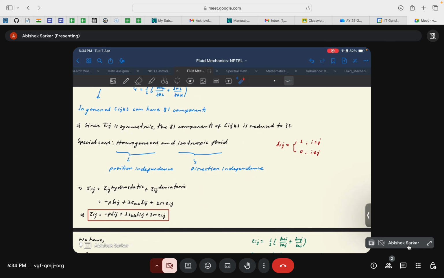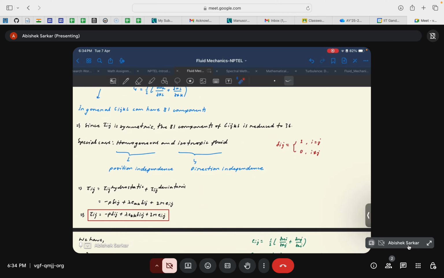But I will give you the idea, which was discussed in the class, that if you assume the flow is homogeneous and isotropic. Okay, homogeneous means position independence and isotropic means direction independence.